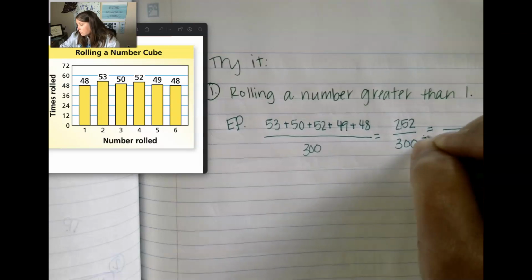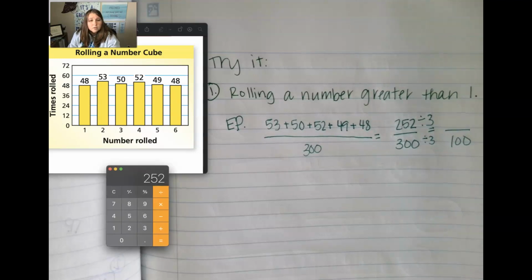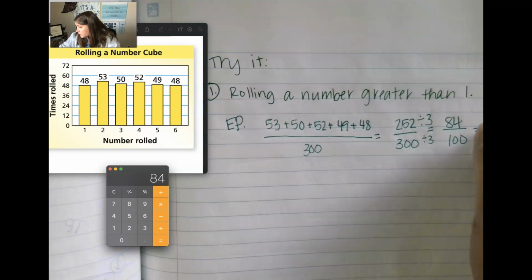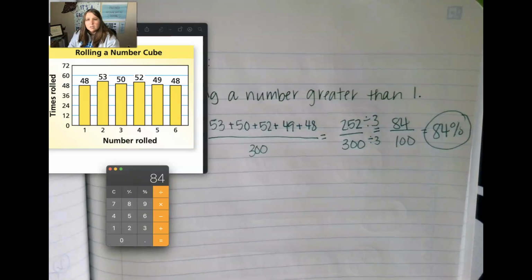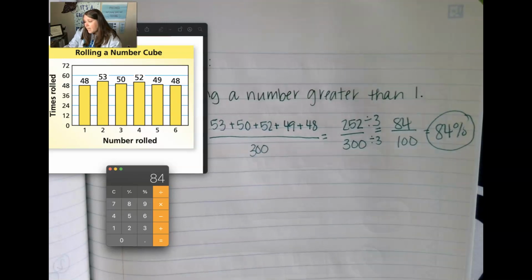So 252 divided by 3 gives us 84. And this equals 84%. So 84% of our rolls were greater than the number 1. Okay, that's the experimental probability.